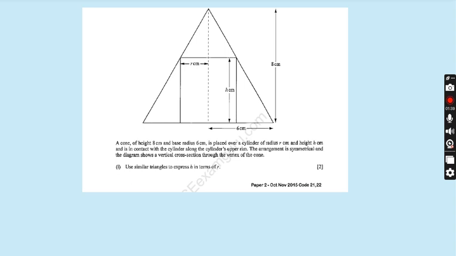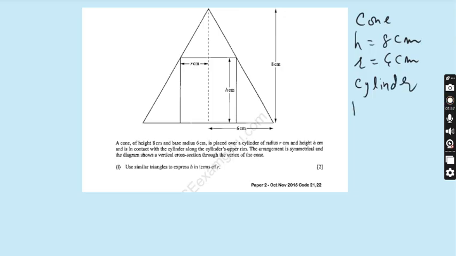Very easy. Make the data first. Cone height is given 8 centimeter. Cone radius is given 6 centimeter. Cylinder height is given h centimeter. Cylinder radius is given r centimeter.